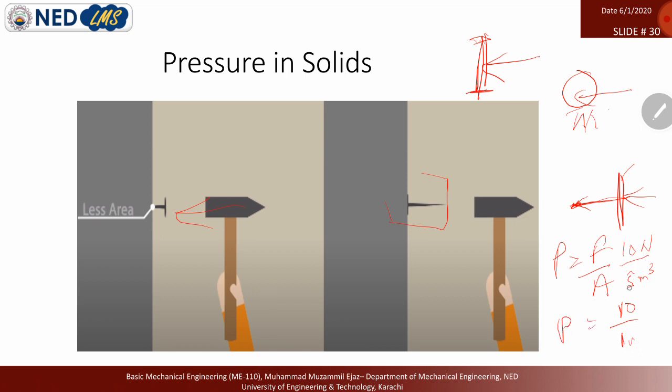So you can see that 10 divided by 5 is 2 and 10 divided by 1 is 10. So pressure is increased at the sharp end, and the wall cannot sustain that pressure, so the nail inserts into the wall, breaks the wall and makes the hole.